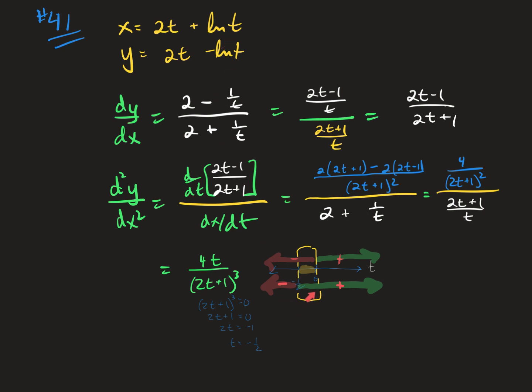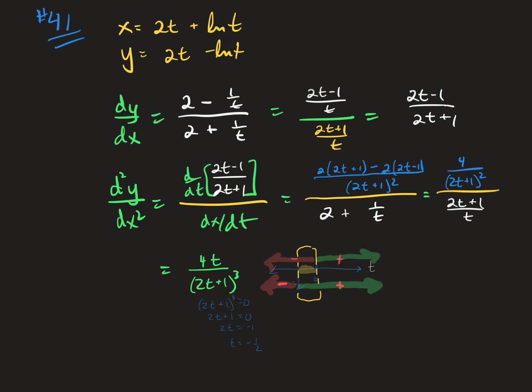So we can actually ignore everything out here. We might have been tempted to say that the plane curve was concave up when t was less than negative 1/2, because the numerator divided by denominator was a negative divided by negative, which is positive. But again, we're not going to describe the plane curve as being concave up there, because it's not defined when t are negative values. t has to be bigger than 0.